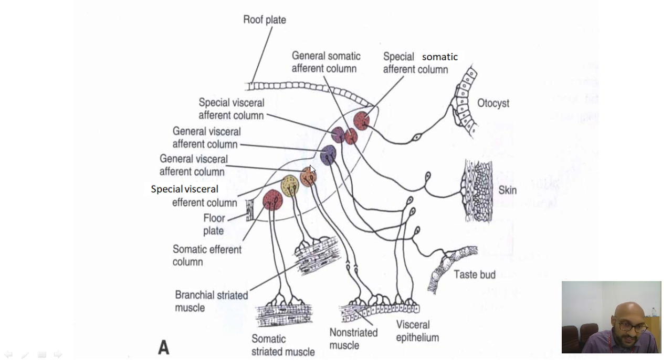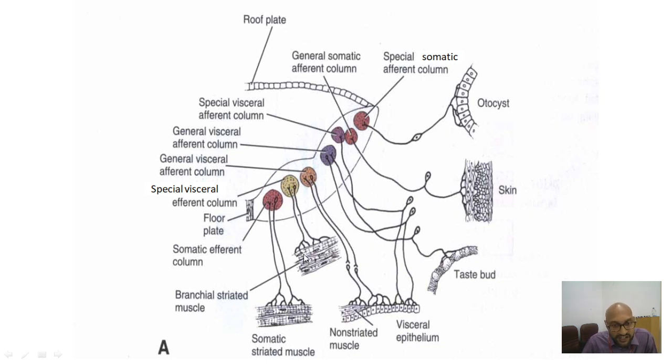Now medial to the sulcus limitans, which would be part of the basal plate, again symmetrically we get the general visceral efferent column, which is going to be meant for the parasympathetic and sympathetic innervation of the viscera.